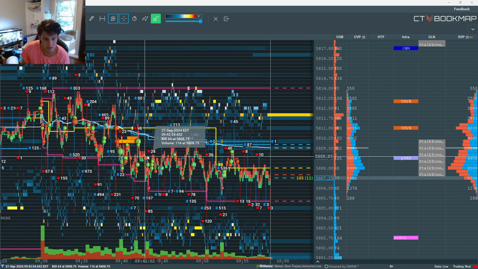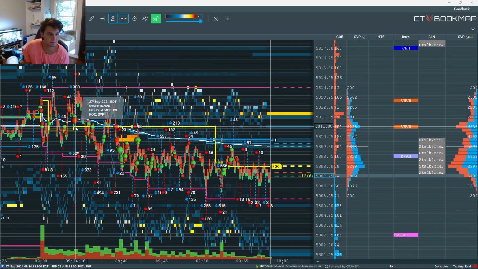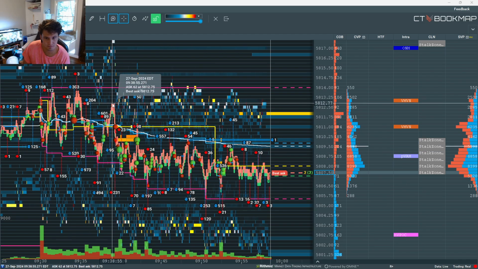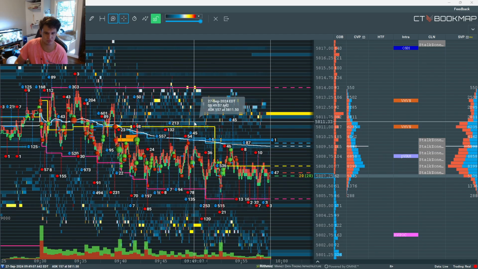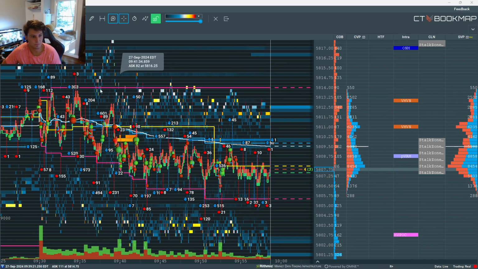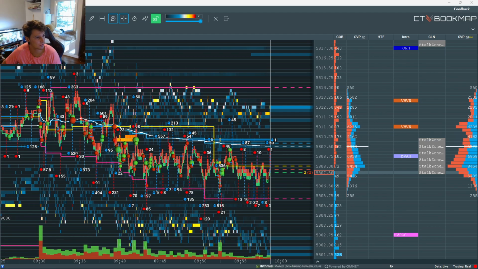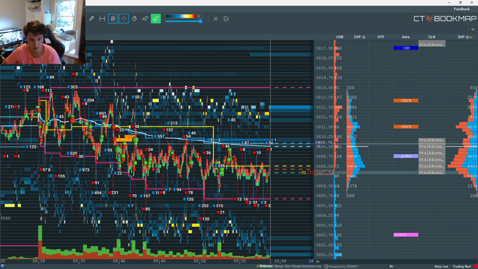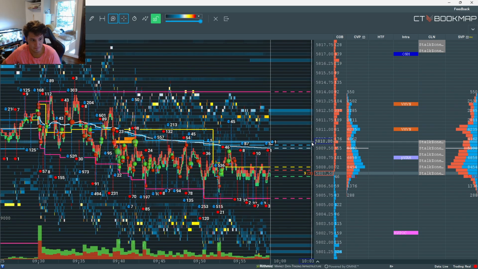We have a lot of targets below, and the market has been moving volume with price in this balanced grind lower. And then this 5,800 target location is important to me, and I could look for mean reversion in that area.